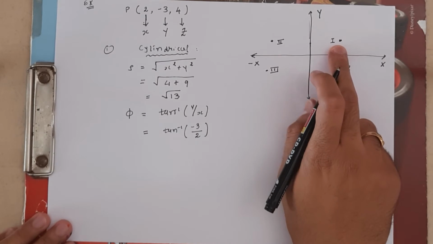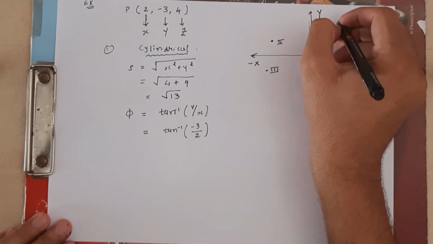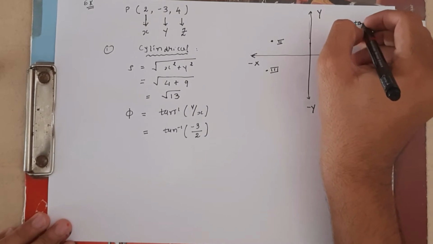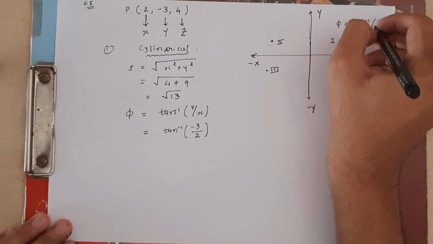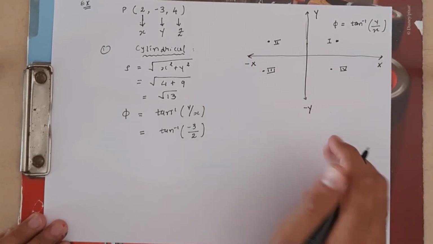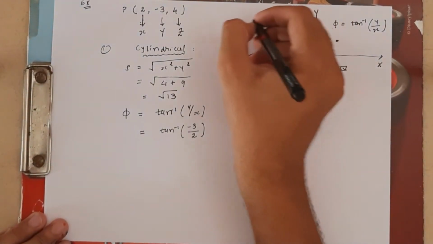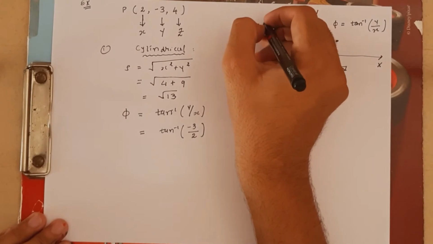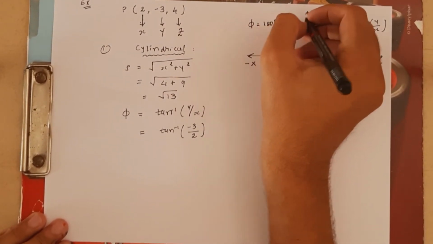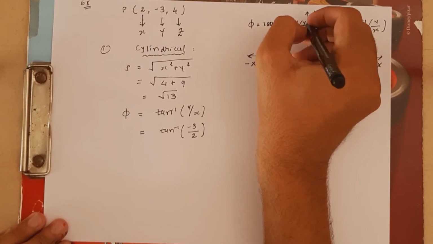So if the point is present here, the value of phi, that means if both x and y are positive, phi is equal to tan inverse y by x. If the point is present in the second quadrant, the value of phi is equal to 180 degree minus tan inverse y by x.